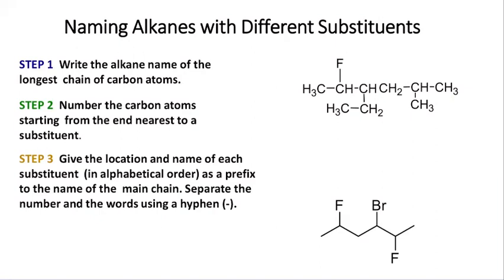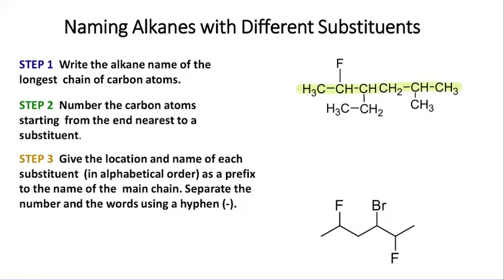When we look at the first molecule, the condensed molecule, how many carbon atoms do we have in the parent chain? How many carbons in the longest carbon chain? Great. 6 carbons.